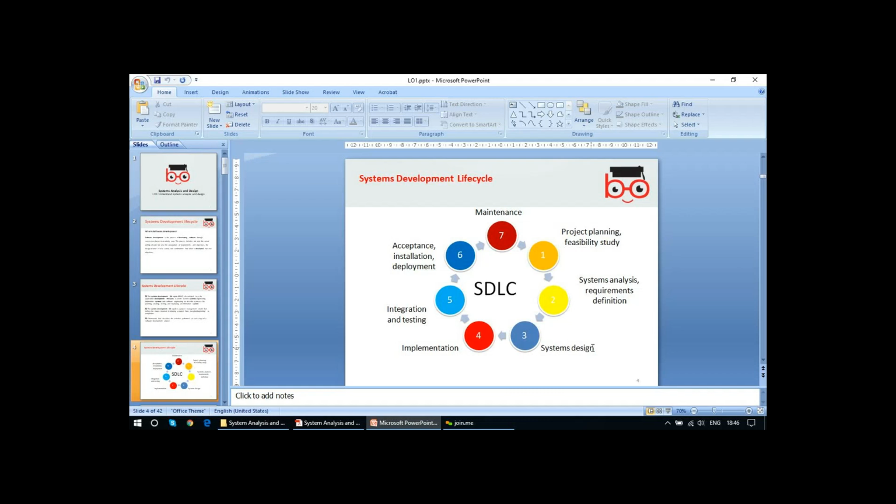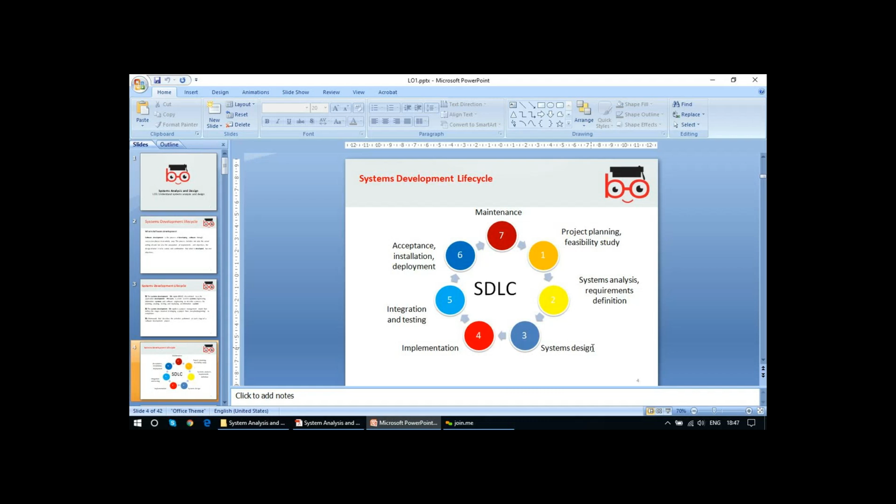Make sense? So design would be based on diagrams like class diagrams, entity relationship diagrams, or data flow diagrams as well. That is basically the design.